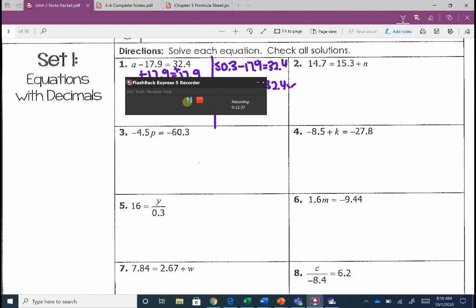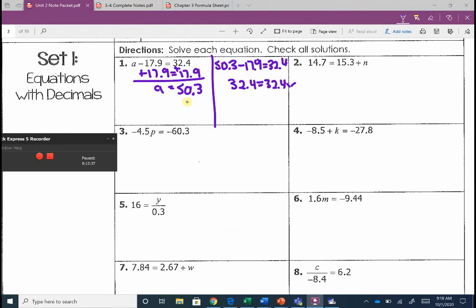So let's go ahead and check our 2 through 12. In number 2, we look on the side with n, and we have a positive 15.3. So to undo the positive, or the inverse, the opposite of positive 15.3 is negative 15.3. So we have to subtract 15.3 from each side.